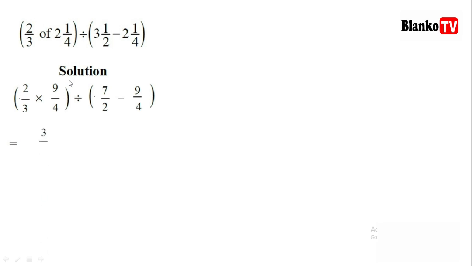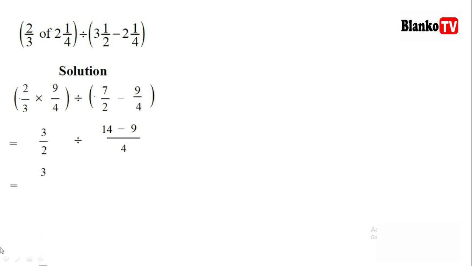So we have 3 over 2 divided by, and here we find the LCM of the denominators, which are 2 and 4. So our LCM is going to be 4. Okay, so 2 goes into 4 two times, 2 times 7 will give us 14, minus 4 goes into 4 once, 1 times 9 will also give us 9.